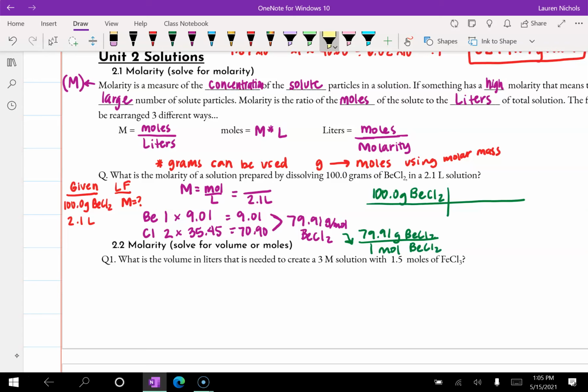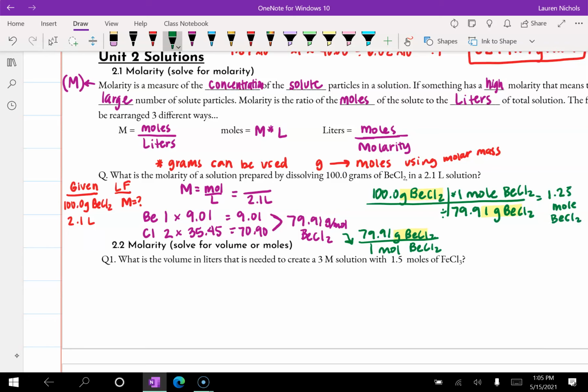But since I have grams of beryllium chloride here, that means I need it at the bottom, so I'm really going to end up flipping my fraction so that the 79.91 grams of beryllium chloride is at the bottom, and my 1 mole is at the top. So we multiply by 1, divide by 79.91, and when you actually do this in your calculator, 100 divided by 79.91 is 1.25 moles of beryllium chloride.